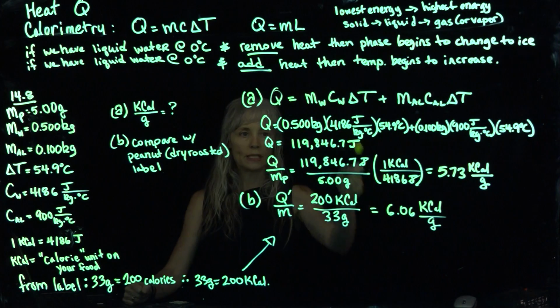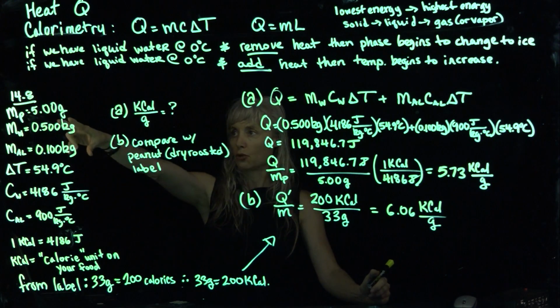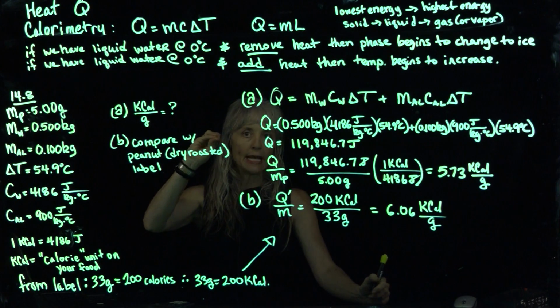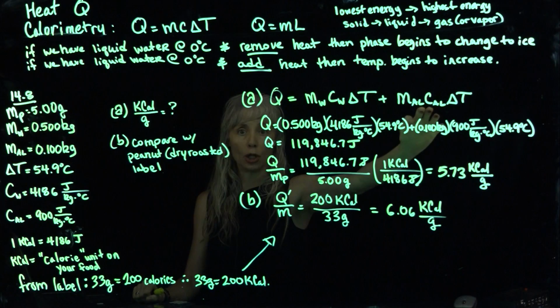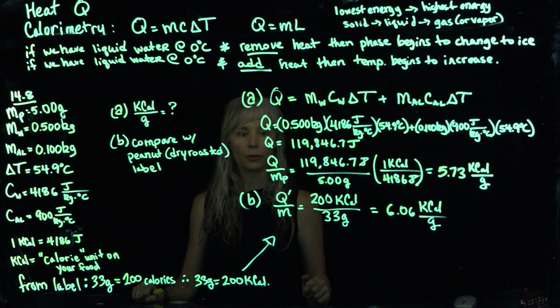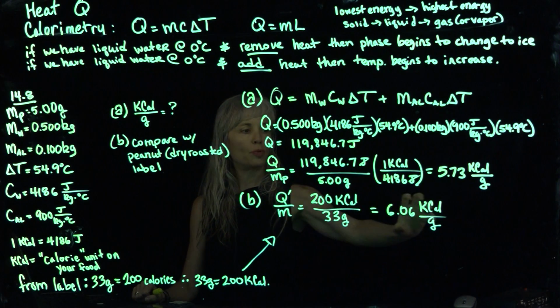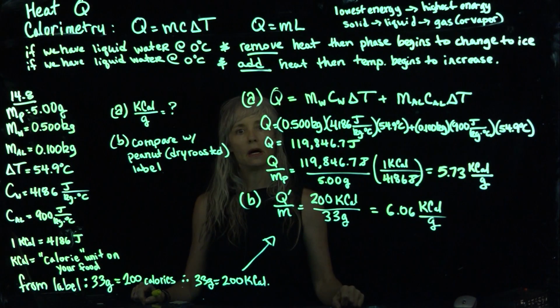We can see that using the techniques in the laboratory, where the 5 grams of peanuts are burned, and seeing how that heat energy heats water and aluminum, we can figure out how much energy per gram is available from the peanut, and then what is expressed on the label is very, very close to what we see measured in the lab.